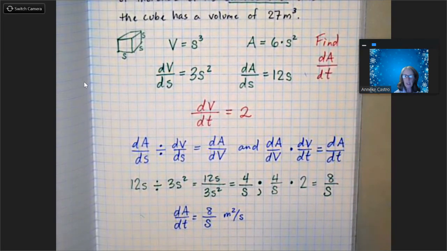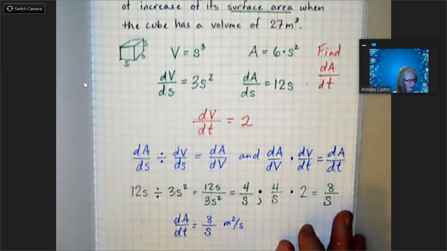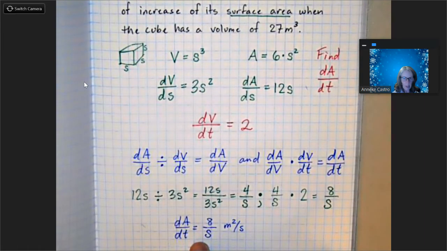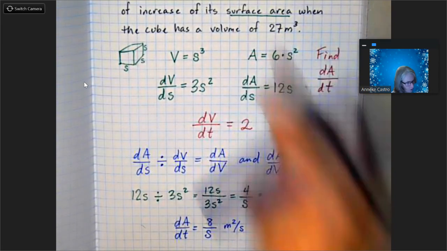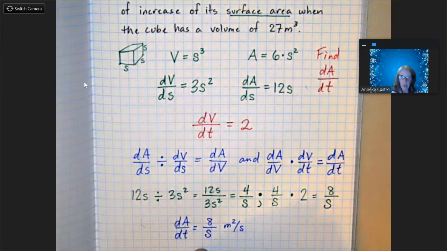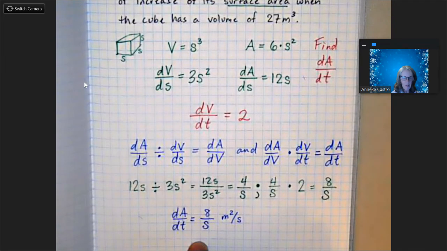Okay, so I need to finish this up though. I need to actually find a value, and it tells me when I want to evaluate this. I want to evaluate this when the volume is 27. When the volume is 27 is when I want to know the rate of the change of the surface area. So it gives me volume, but I need s.